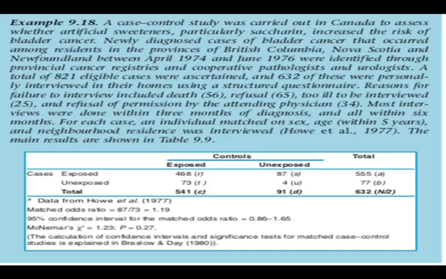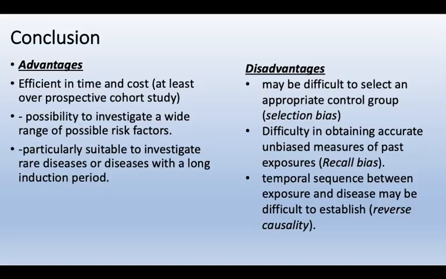That's important. So in conclusion, what are the advantages of a case control study? Three points. It is efficient in time and cost, because we don't have to wait a very long period for the outcome of a disease to begin. We just jump to the individuals who are already suffering from a disease, as compared to a cohort study.